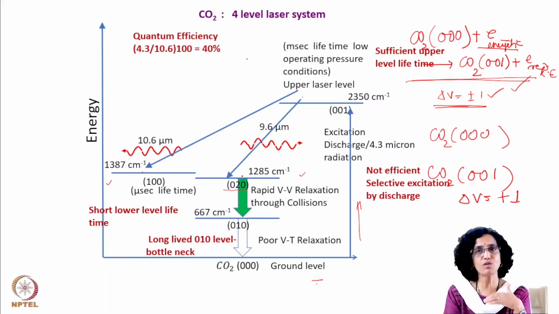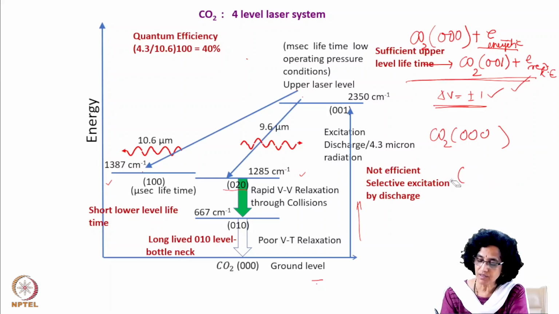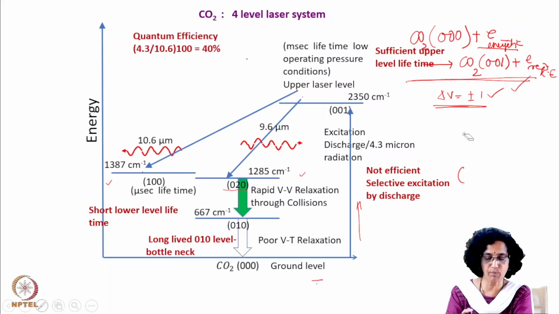This 020 is also not optically allowed. Delta V is 2, and therefore the lower laser levels do not get as much populated as the upper laser level. So now suppose we assume that yes, we have got population inversion between 001 and 100.